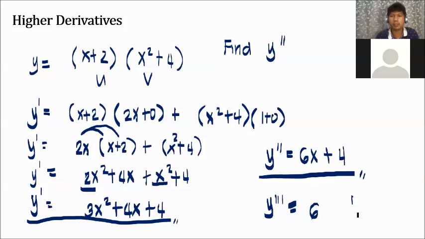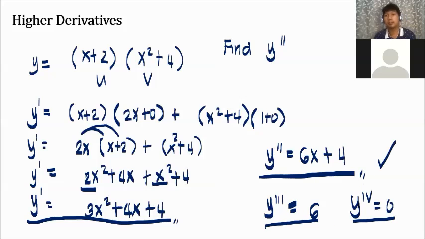Then the fourth derivative is just 0. But we can stop here because we're just trying to get the second derivative. Any question about this one? I'm hoping that this makes sense. Any question?